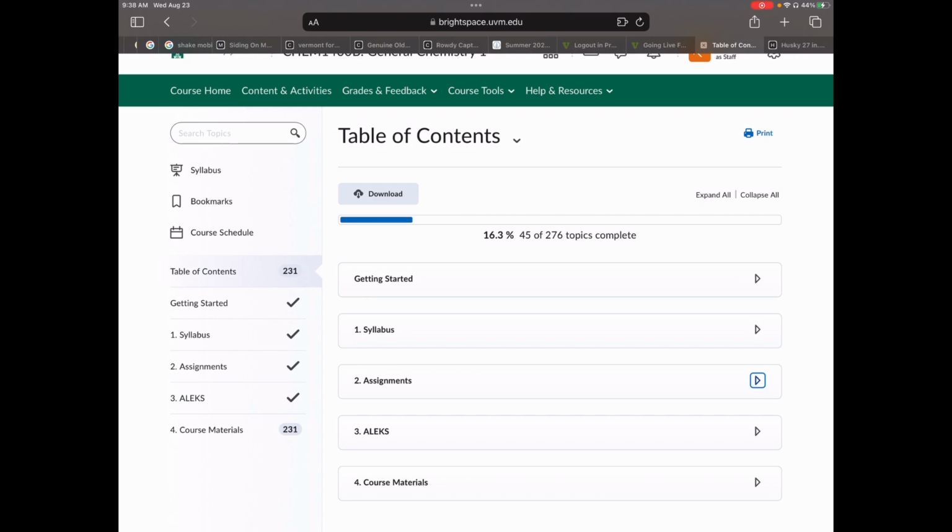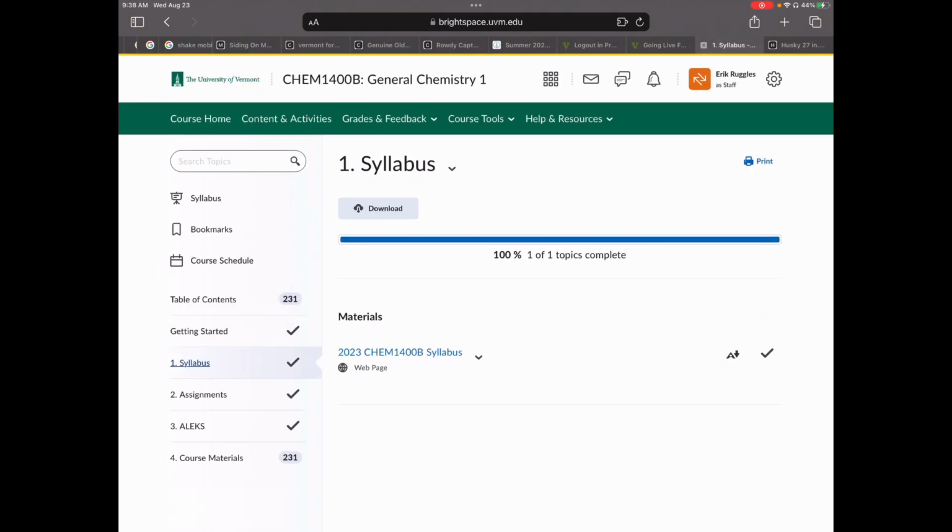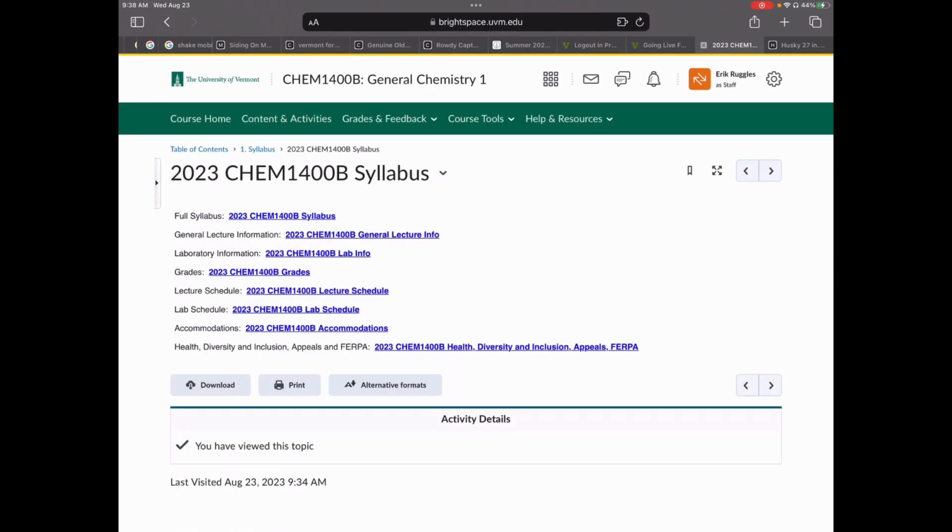So, for instance, we could go to, say, number 1, syllabus, and here we see the syllabus link. If we go into that syllabus link, what we find is that we have the full syllabus at the top. We also find that I've broken down all the pieces of the syllabus.